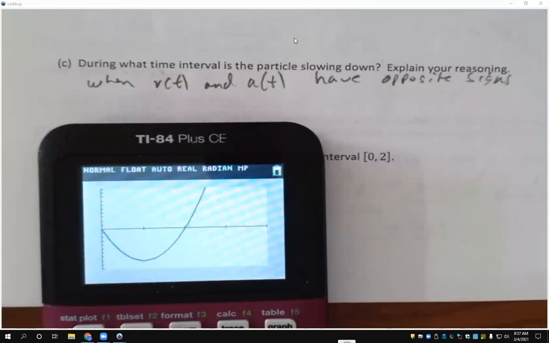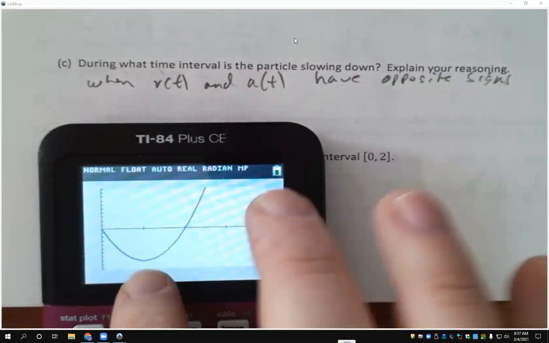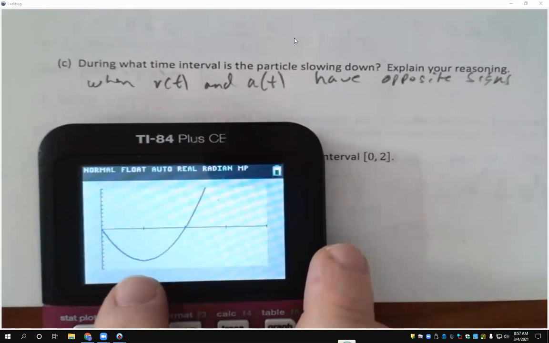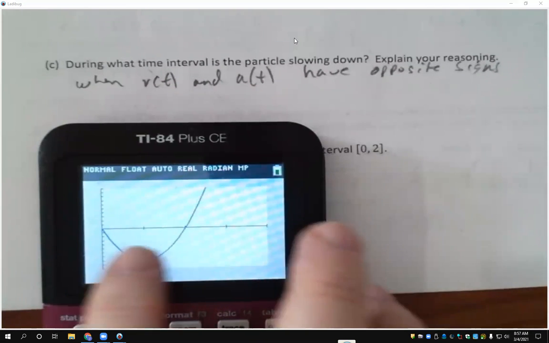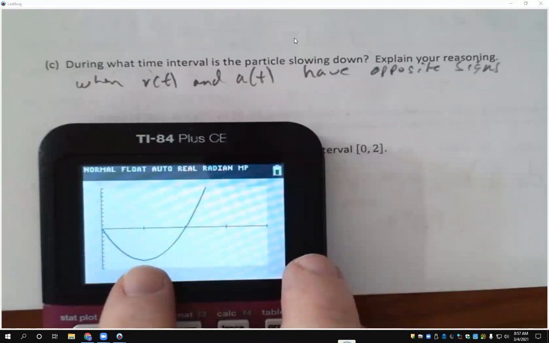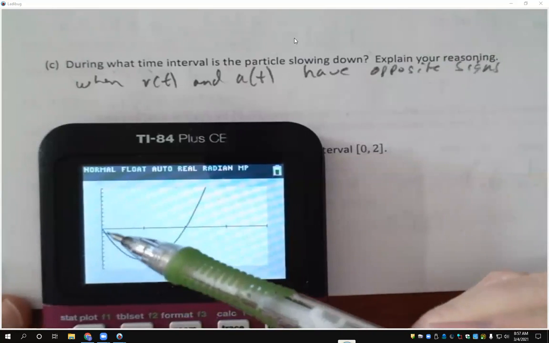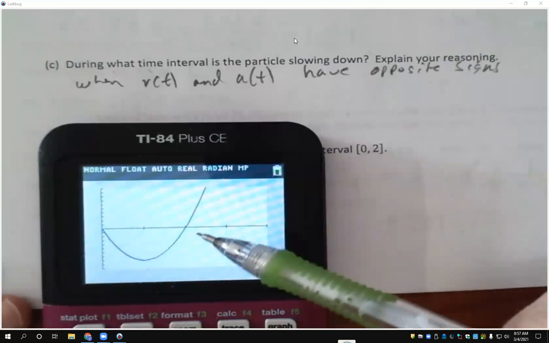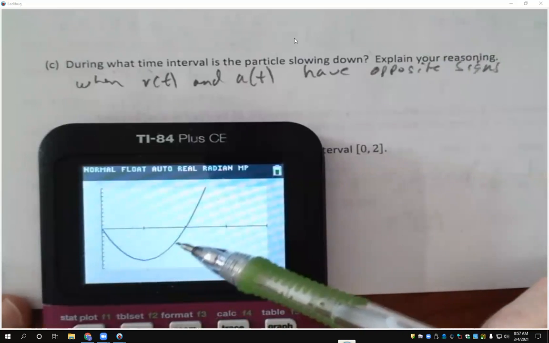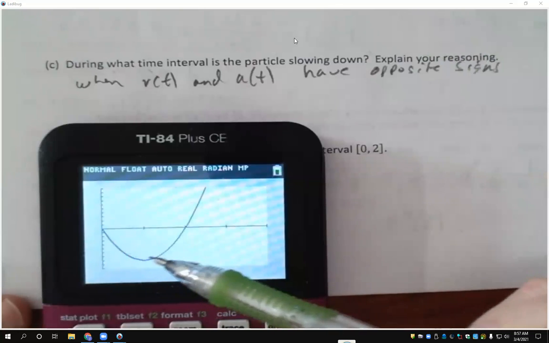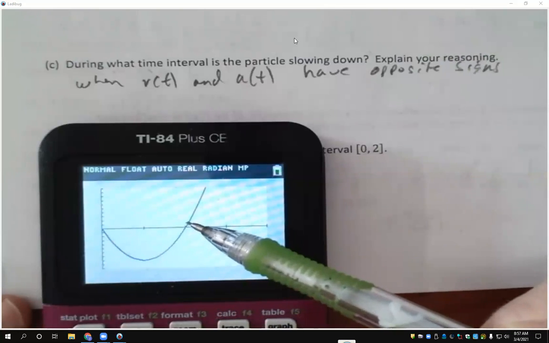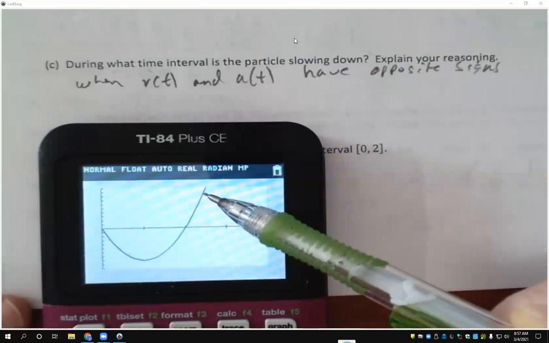We probably need to find that point, but it looks like it's at 1. That minimum point there, but you might need to find that just to make sure it's at 1. But what we need to realize is that from 0 to what appears to be 3, velocity is negative because we're below the x-axis, and from 3 to 4, velocity is positive.